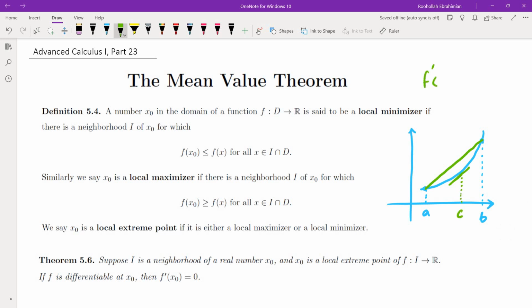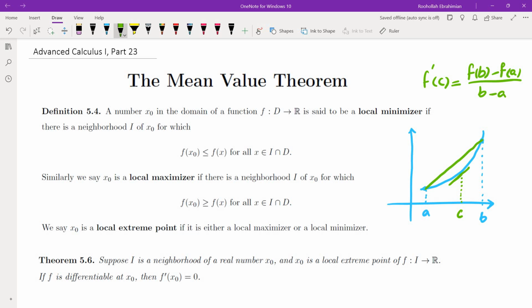So the slope at that point, f prime of c, is the same as the average rate of change. Average rate of change is rise over run. So this is the mean value theorem under some certain conditions.